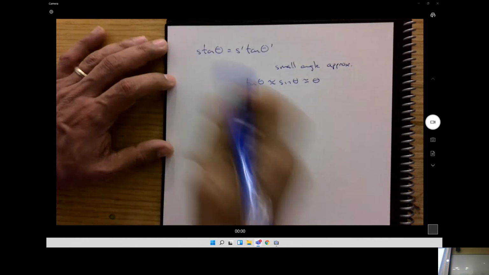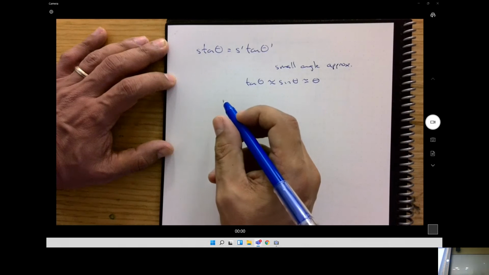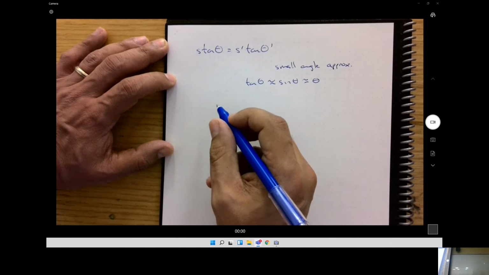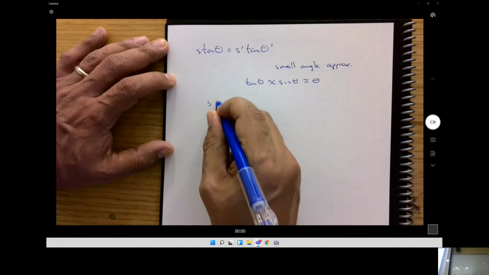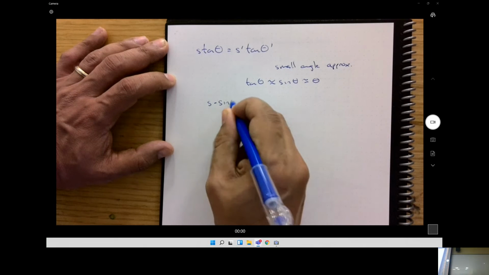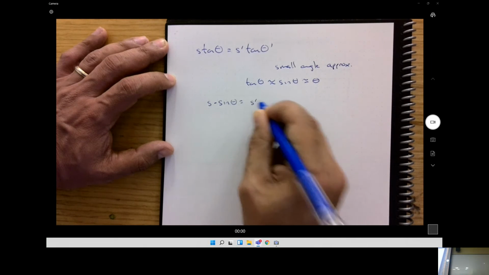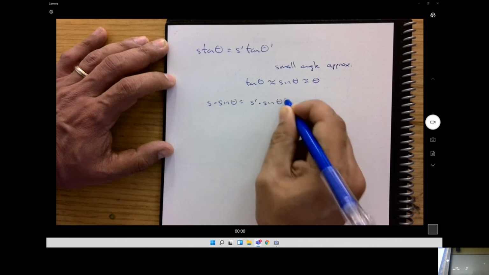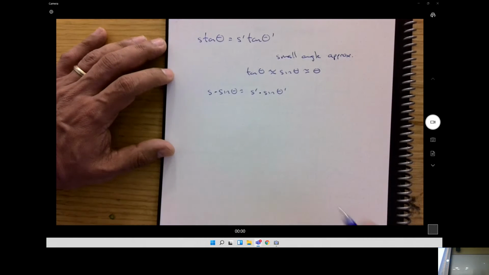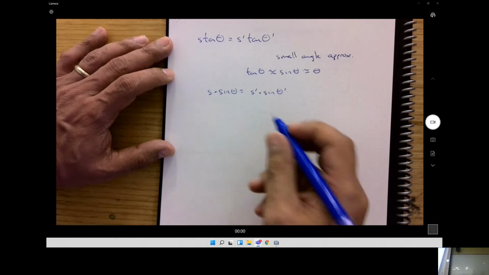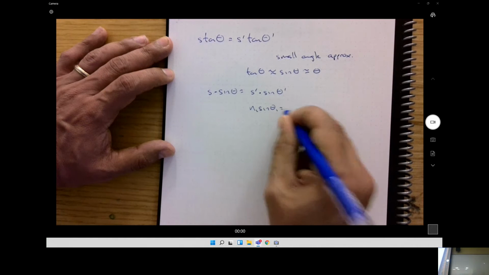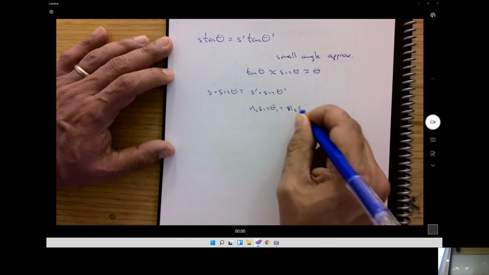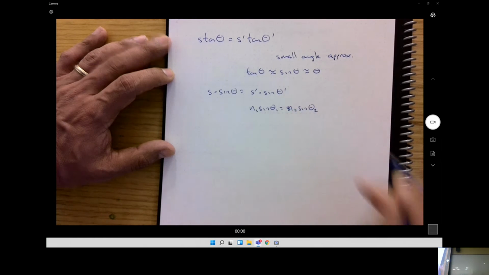So from here, I can say this will be S times sine of theta equals S prime times sine of theta prime. And I can now use Snell's law: n1 sine of theta 1 equals n2 sine of theta 2.